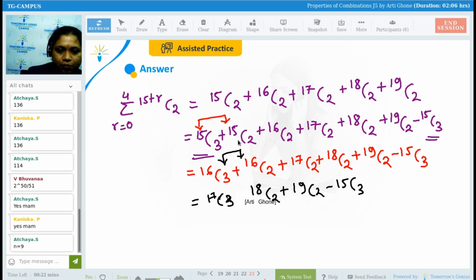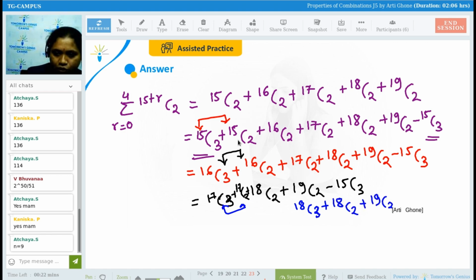Now only the calculation part remains. Just these two, it will be 18C2. Then 18C3 plus 18C2 plus 19C2 minus 15C3. Then next we have the answer between these two.